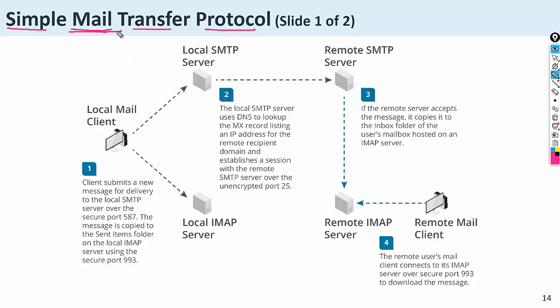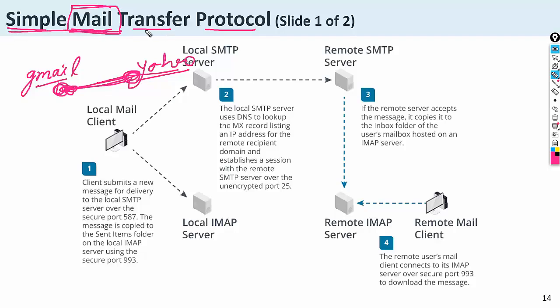It is used for transferring your mails, because when I am sending mail from Gmail to Yahoo, there is one server working which is transferring your mail from one server to another server. And this mail transfer process happens by SMTP, the Simple Mail Transfer Protocol.